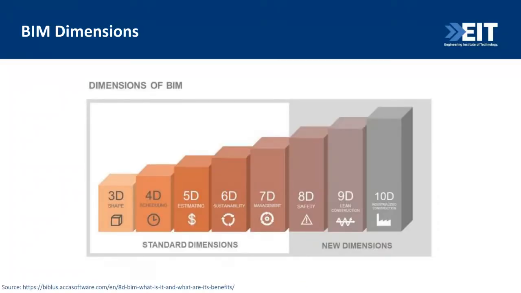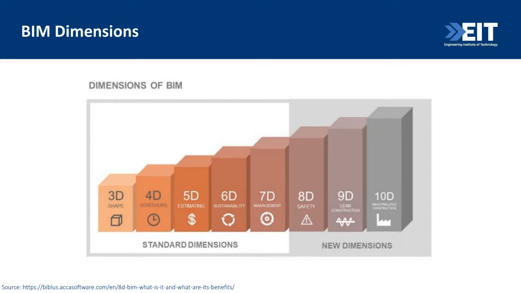So understanding that we can insert different kinds of information in a BIM model, it seems clear that a BIM model can be used for different purposes and different use cases. So this is the idea of BIM dimensions.